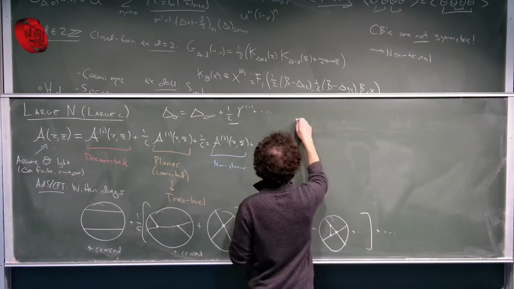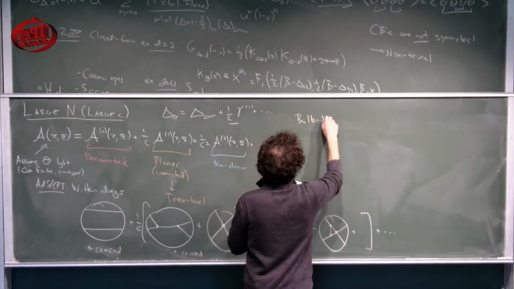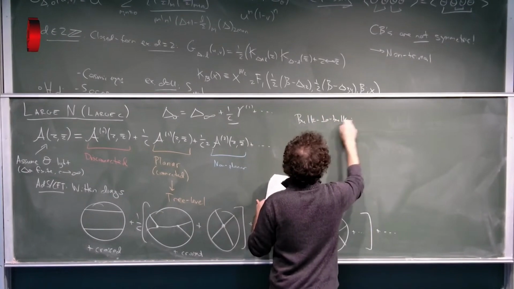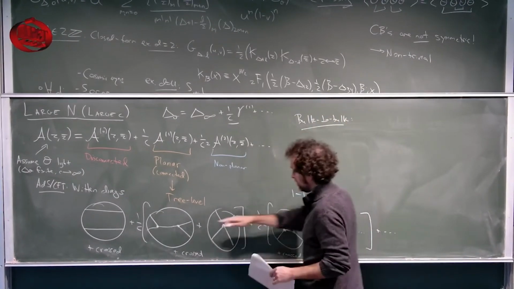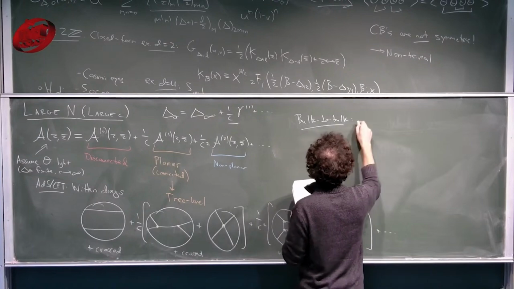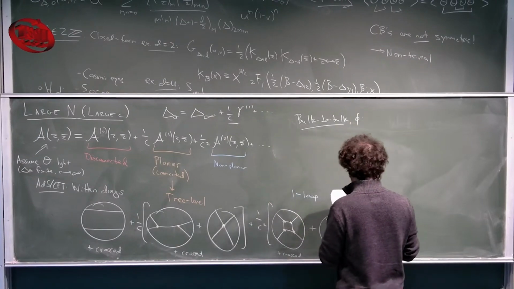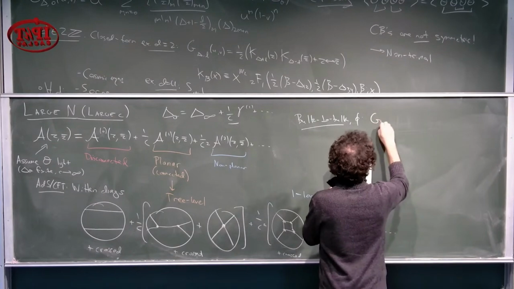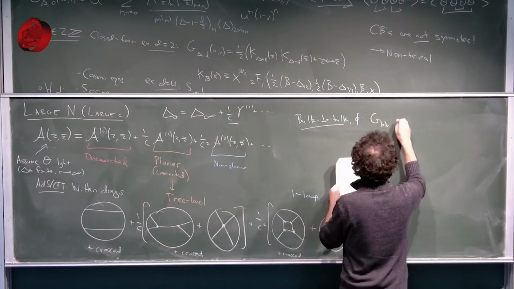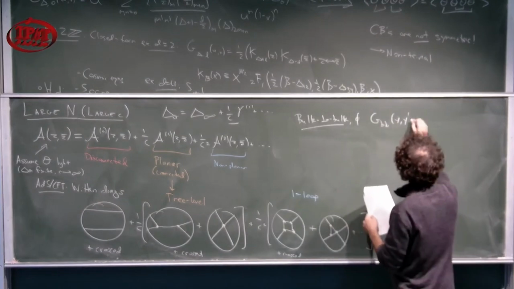Just to give a flavor, the bulk-to-bulk propagator, what you would need to compute this, for a scalar phi, write this BBB, bulk-to-bulk, propagating from one bulk point y to another y prime.